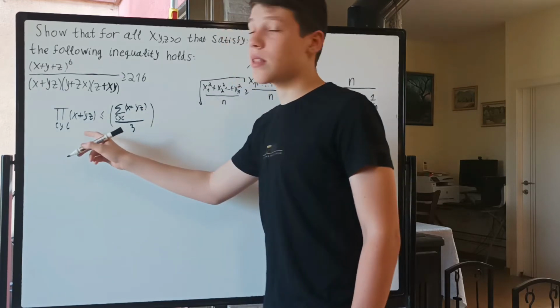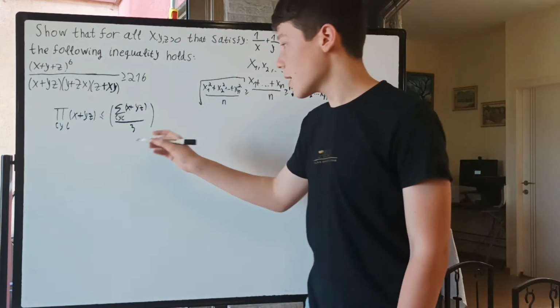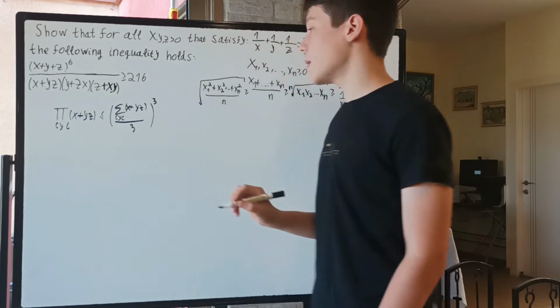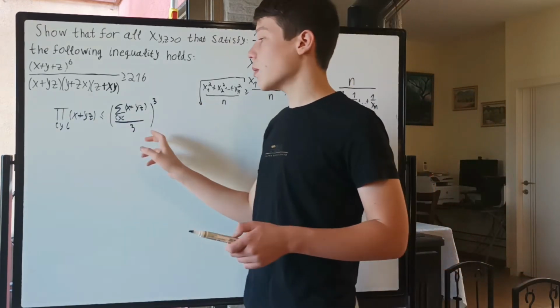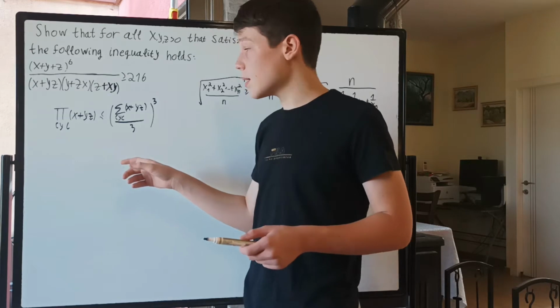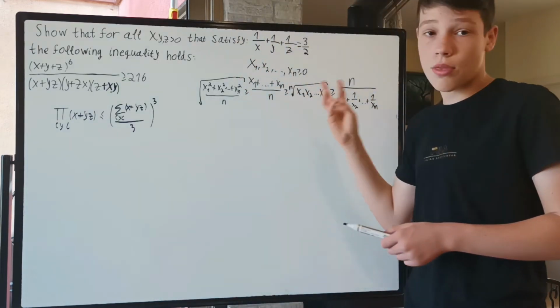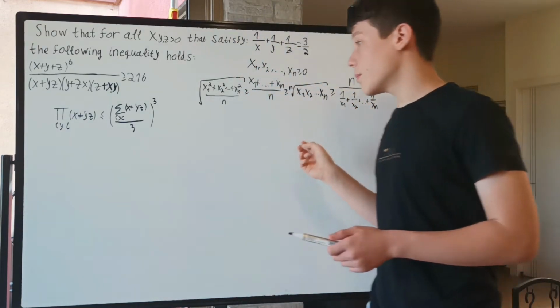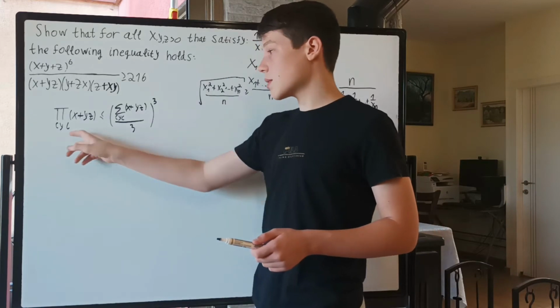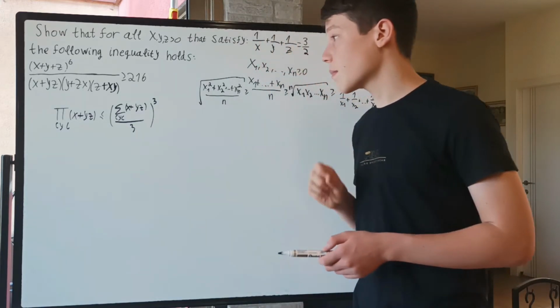So basically this is their arithmetic mean, but then we cube it. If we were to do a cube root on both sides, this would just be the inequality for 3 terms. But after we cube both sides, we have this smaller than or equal to this.